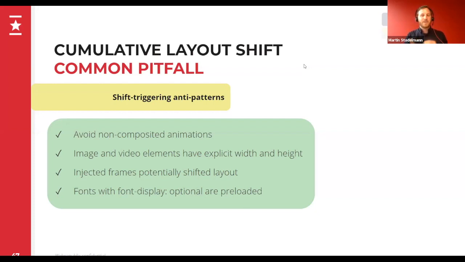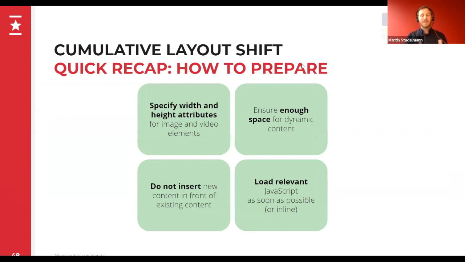This is about the percentage of the viewport that is affected by the moving element, and then the distance fraction is calculated by what percentage the element moves. And this results in the final value, which gets multiplied and summed up. Common pitfalls to look out for is anything that has to do with shift triggering anti-patterns. So in other words, anything that triggers a layout shift should be avoided.